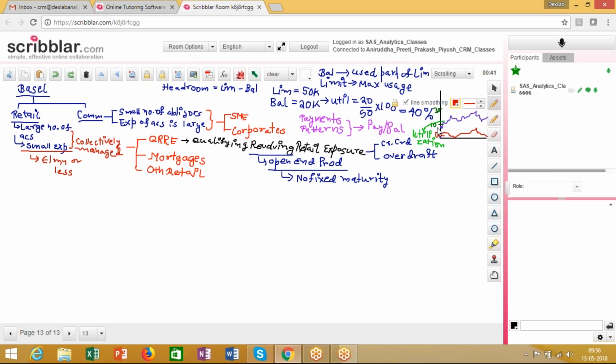So that's one. Now another important variable which gives us insights into the behavioral risk associated with credit cards, or open-ended products, is the delinquency variable and the month on books variable. So there are two variables.